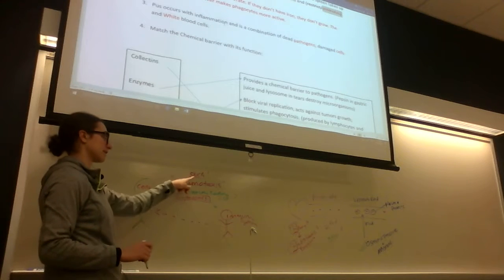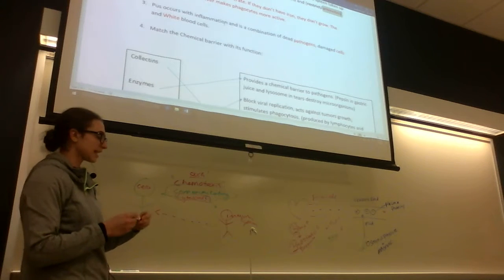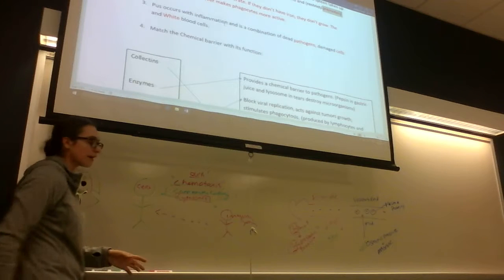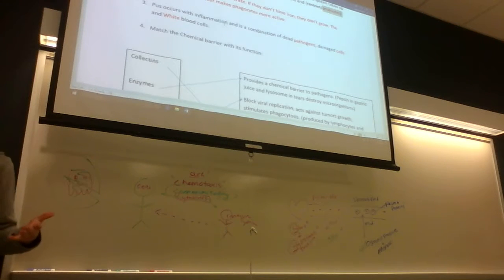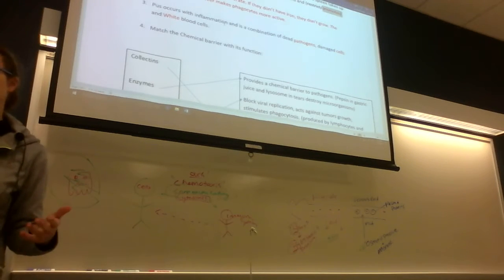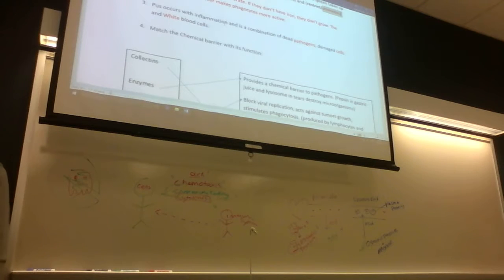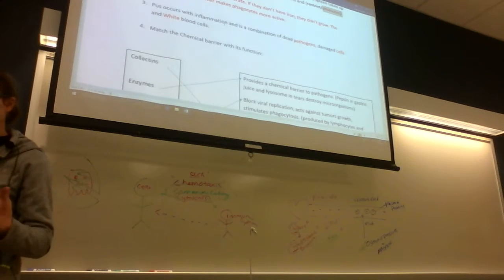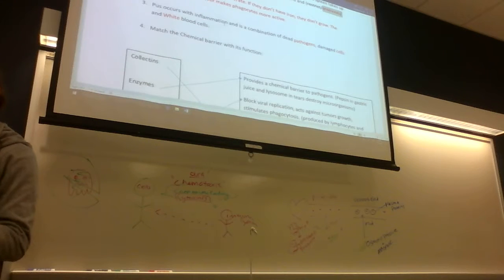That's what chemotaxis is saying, ouch, right? So the stuff that's ripped apart, taken apart, or damaged turns into pus, and then you can pop it, which is so nice. And then it also has white blood cells. So the white blood cells that were there did the work, then they're gone. So that is with inflammation.